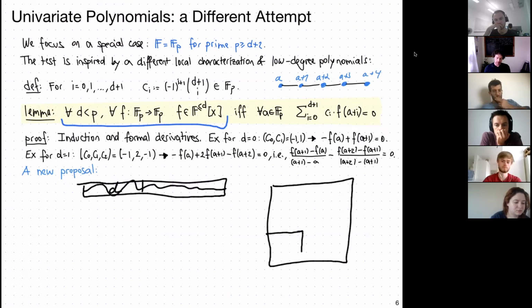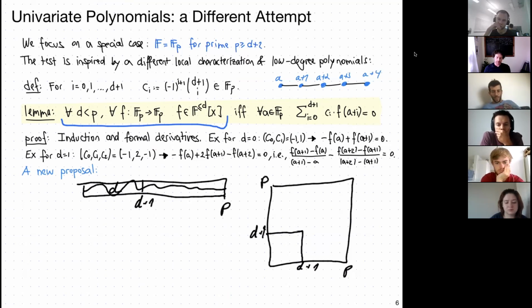But the moment that we go into even a bivariate setting, let's see what happens. Here this was d plus 1, and that is p, which is the prime, the size of the field. When we look at 2 dimensions, we can write d plus 1 and d plus 1, and here we'll have p and p.